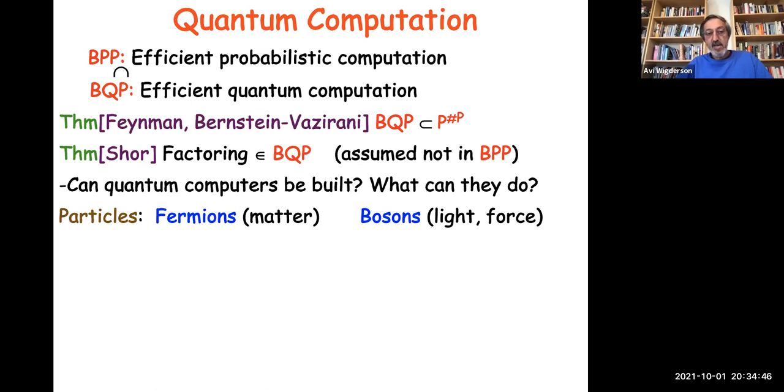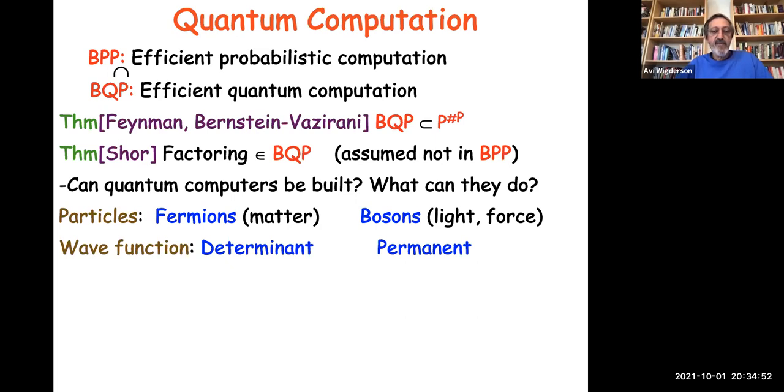And one way they came in, so I mentioned that if you have n independent particles, if they are fermions, then the wave function behaves like the determinant of the appropriate matrix of amplitudes. And similarly for bosons and the permanent.